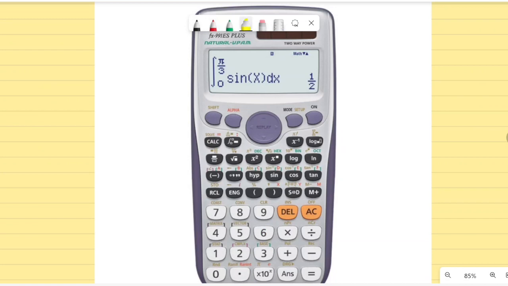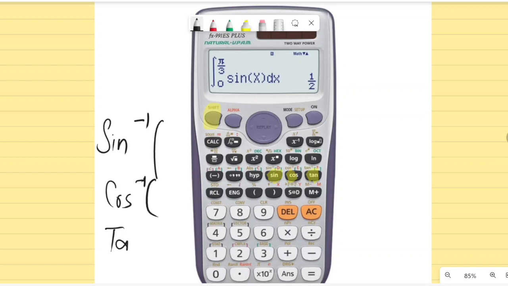You will go to your calculator and press this shift key, and then press sine or cos or tan. When you press shift and sine, you will see sine with a power of -1 and a bracket after it. Or after pressing cos, you will see cos with power -1 and a bracket. Same thing will happen with tan. So we use these when we are finding the missing angles.